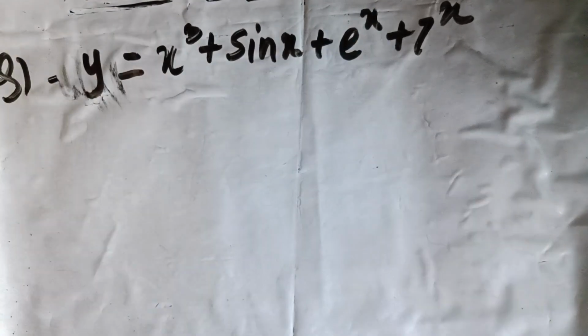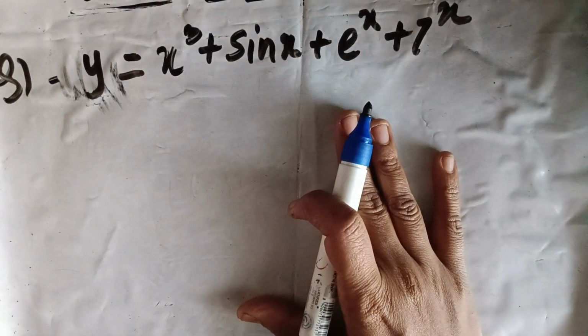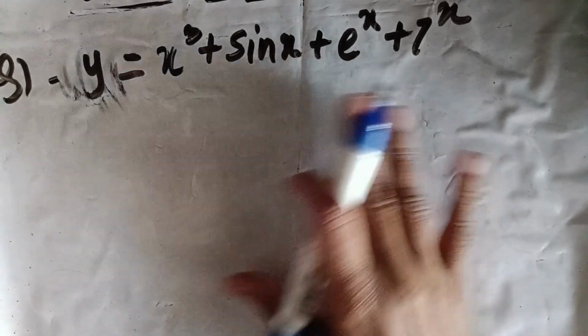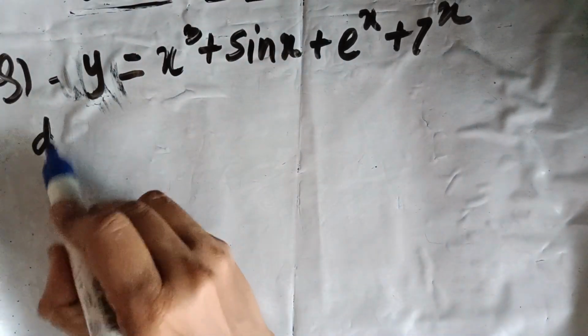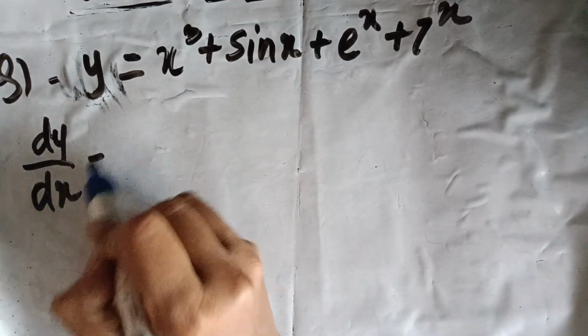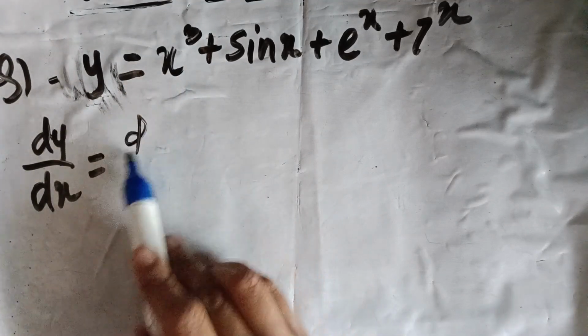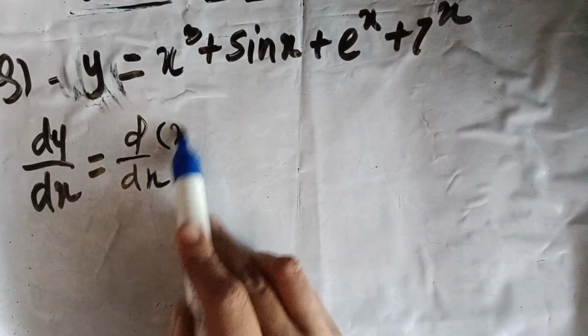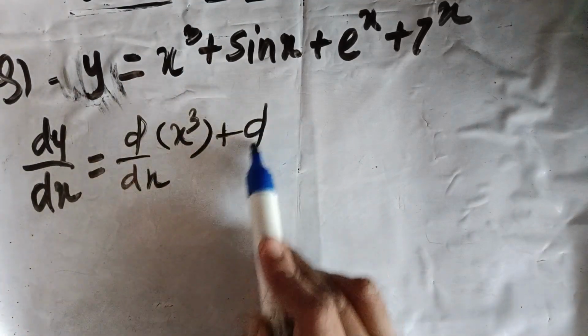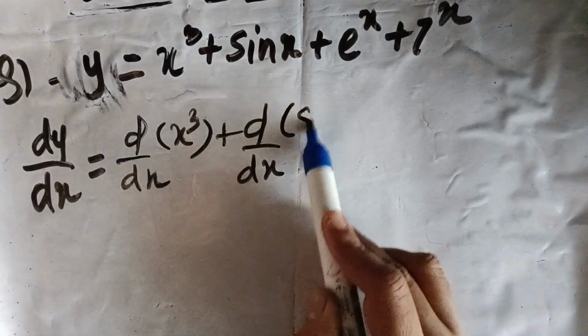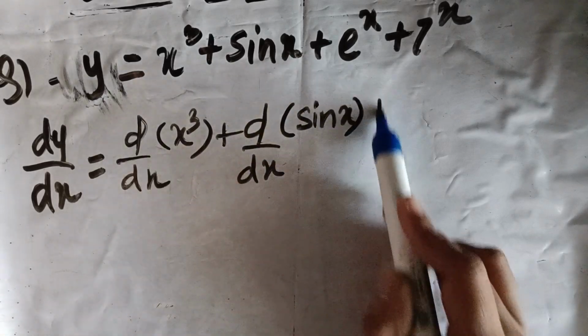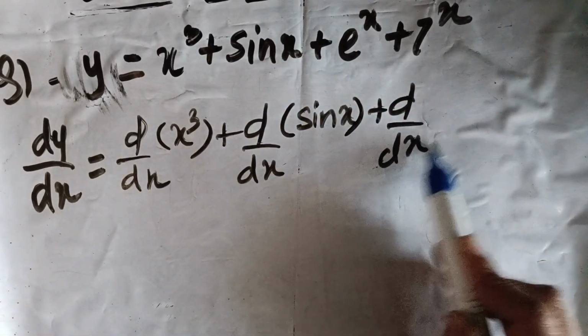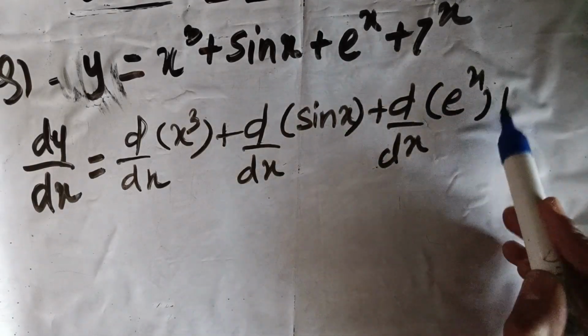Okay, that at least you have to keep with yourself. Then you can solve this directly. So dy by dx, derivative of this, d by dx of x cube plus this I am writing, but later on I'll directly write the derivatives. Okay, this is for your understanding.